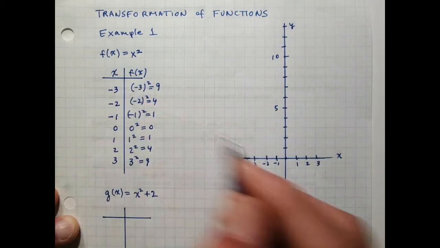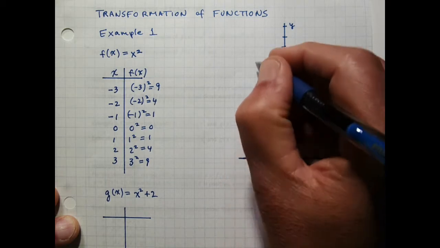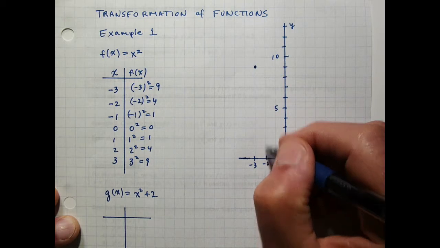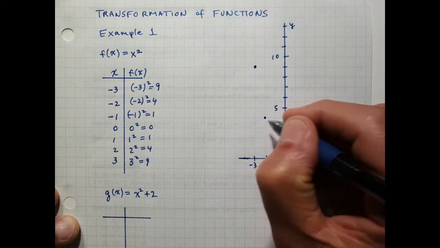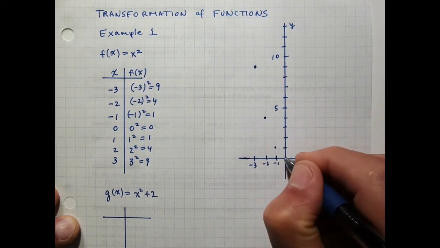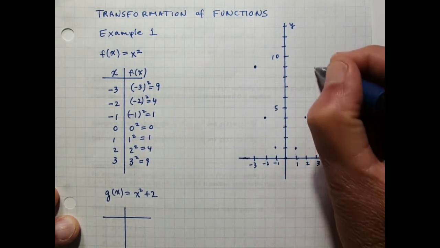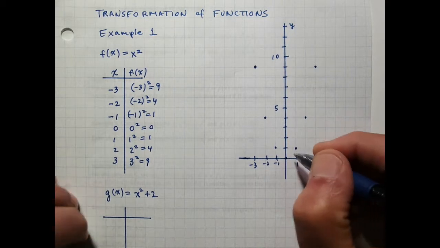So I need to plot the point -3, 9, -2, 4, -1, 1, 0, 0, 1, 1, 2, 4, and 3, 9.